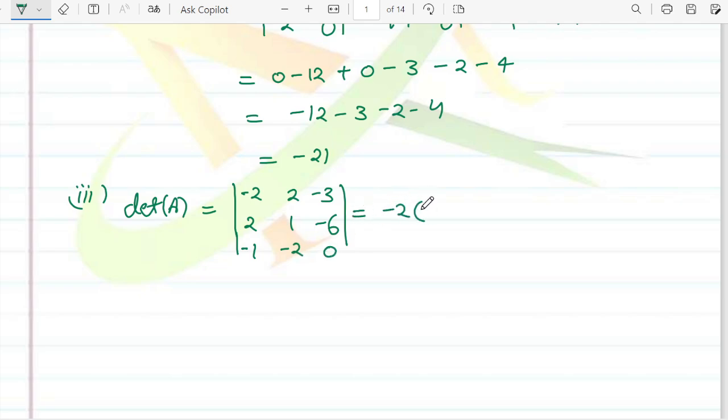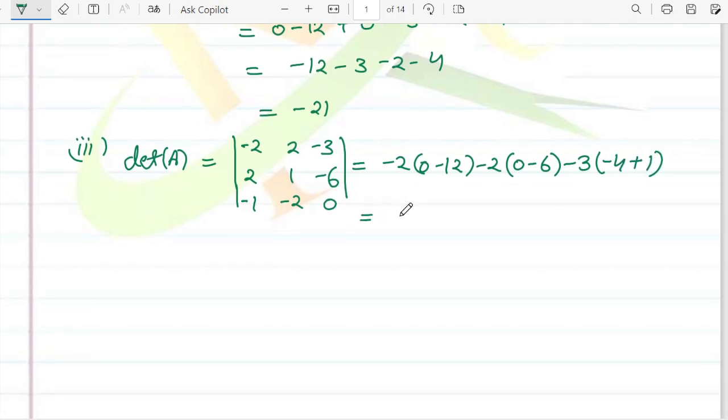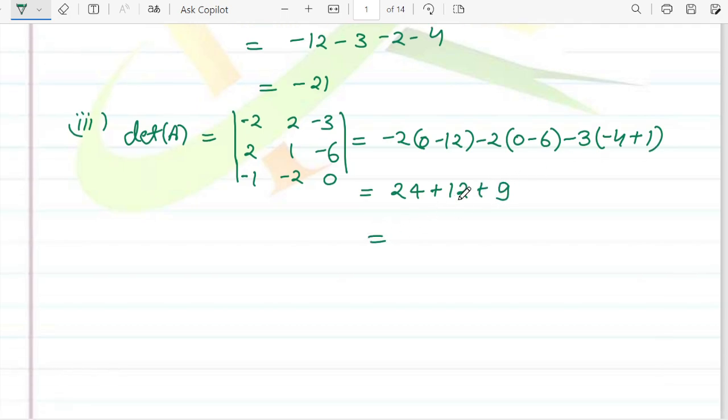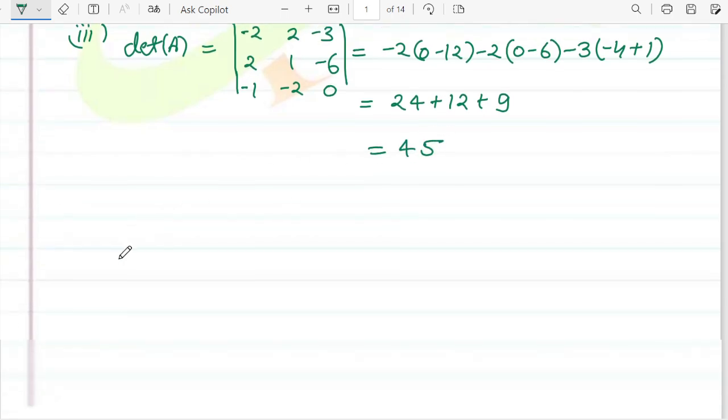Therefore minus 2 into 0 minus 12, minus 2 into 0 minus 6, and minus 3 into minus 4 plus 1. This implies 24 plus 12 and minus 3 and minus 3, that is 9. Therefore this will be 12 and 24 is 36, plus 9, that is 45.